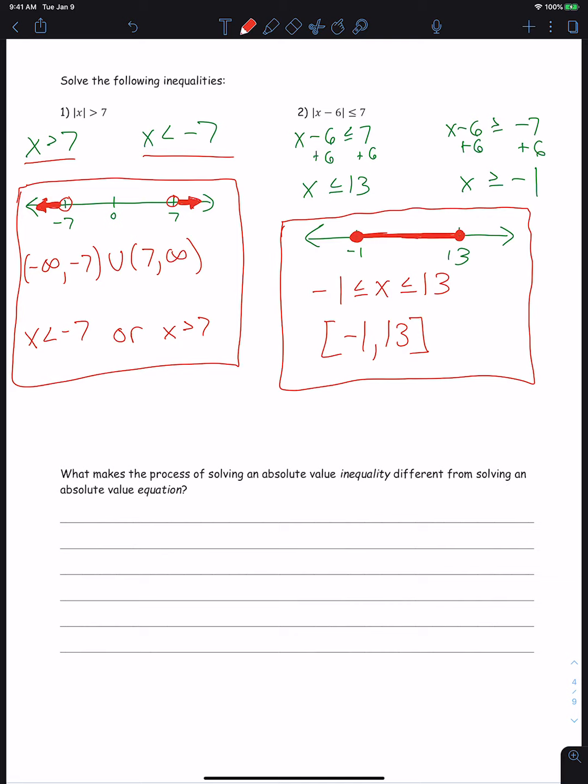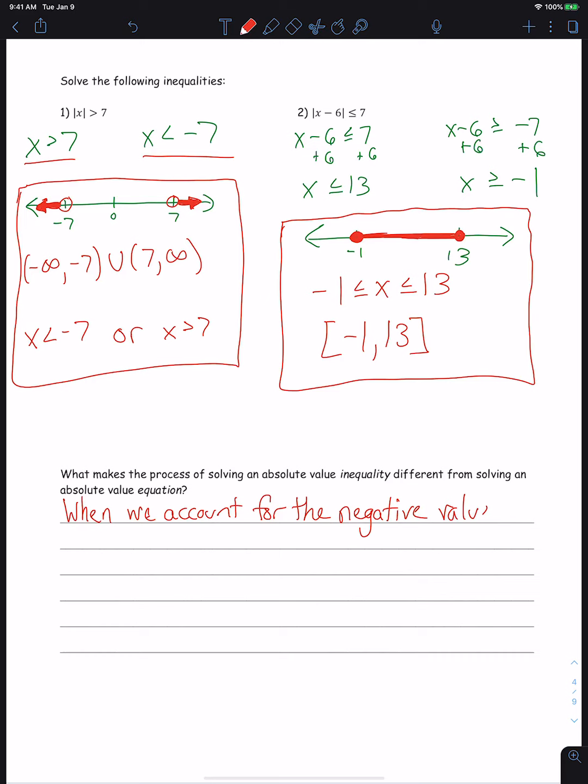So there's a couple things that come to my mind. I would say we still separate the inequality into two inequalities, but when we account for the negative value inside of the absolute value, we must flip the inequality sign.